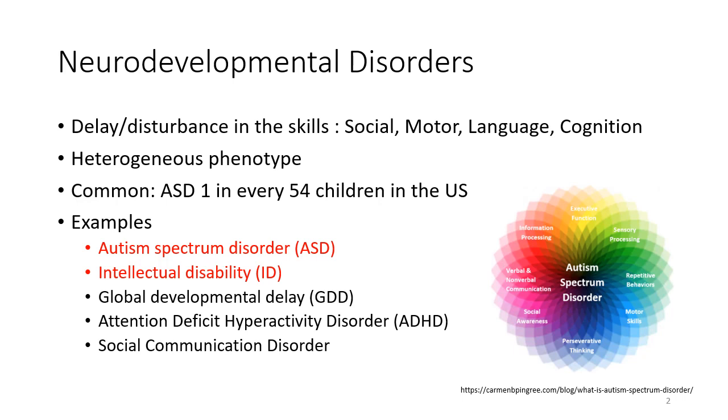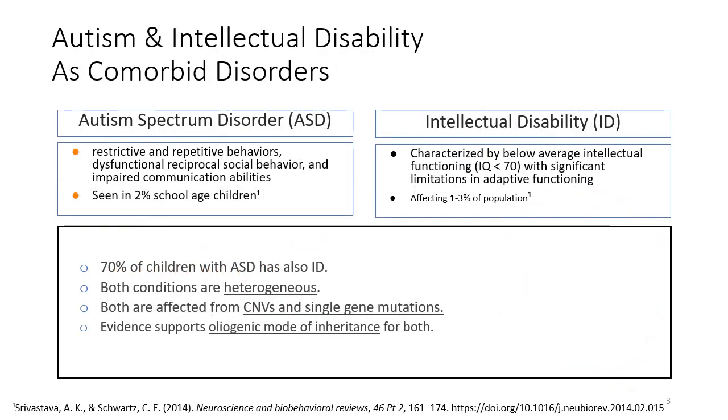Among all neurodevelopmental disorders, autism and intellectual disability are one of the most comorbid pairs, having the largest effect size for shared genetic risk. General symptoms for ASD are restrictive and repetitive behaviors, dysfunctional reciprocal social behavior, and impaired communication abilities. Meanwhile, ID is characterized by below average intellectual functioning, in other words, an IQ score less than 70.